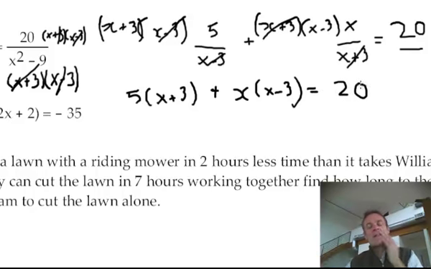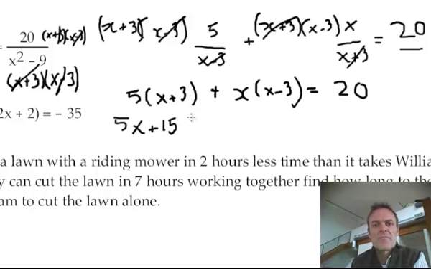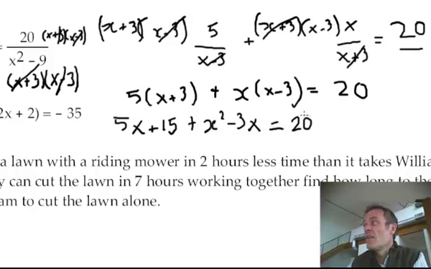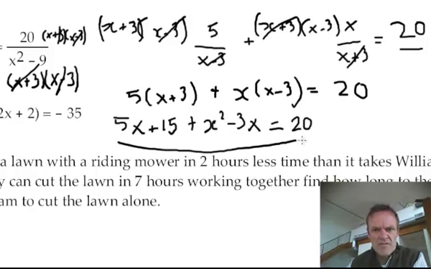Okay, so that's all the hard bit done. Distributive law: 5x plus 15 plus x squared, x times x, minus 3x, x times negative 3, equals 20. Okay, let's lump everything together. I have an x squared.